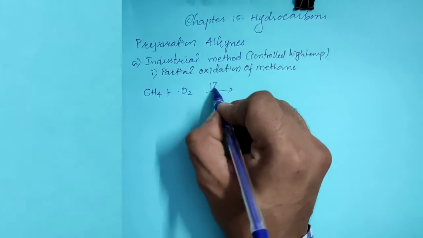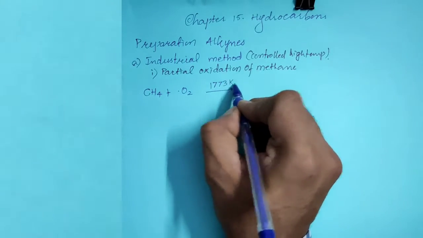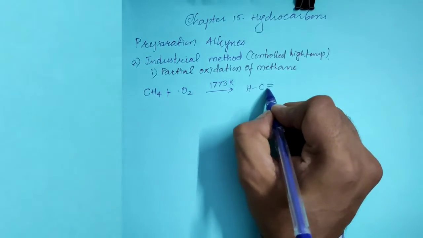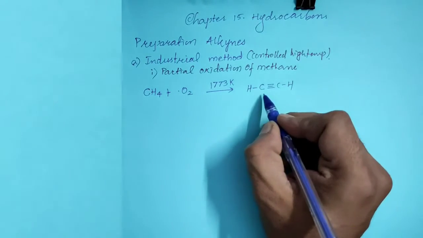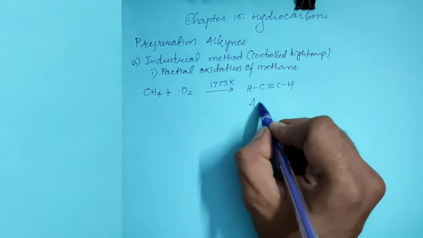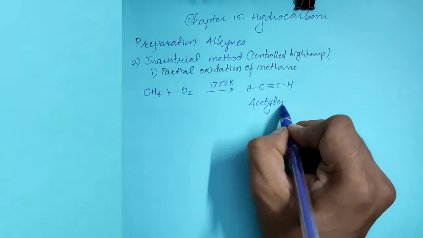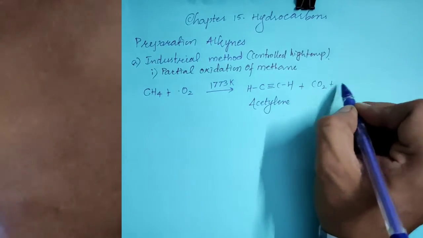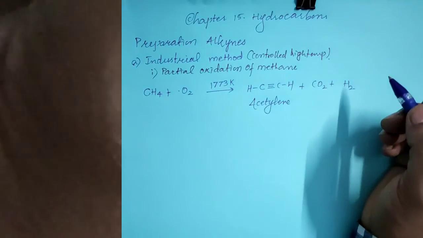Remember the temperature, 1773 Kelvin. The compound so formed is said to be acetylene. The IUPAC name is ethyne, the common name is acetylene. Carbon dioxide and hydrogen gas are given out.